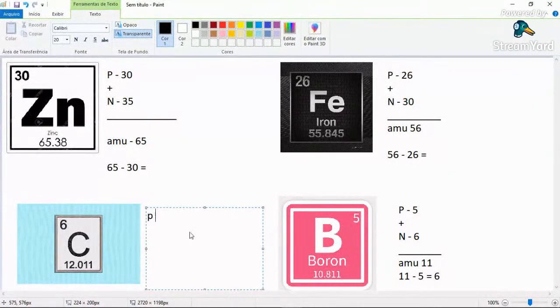Carbon. So the protons, it's 6. We know we're going to have to add the neutrons, so we're going to leave that there, nice and pretty. Let me scroll down a little bit. And the atomic mass is 12.011.